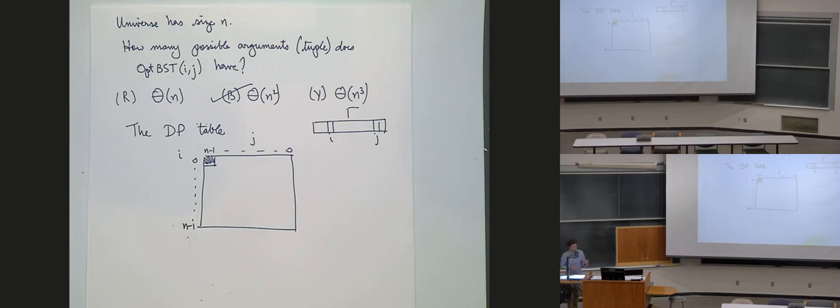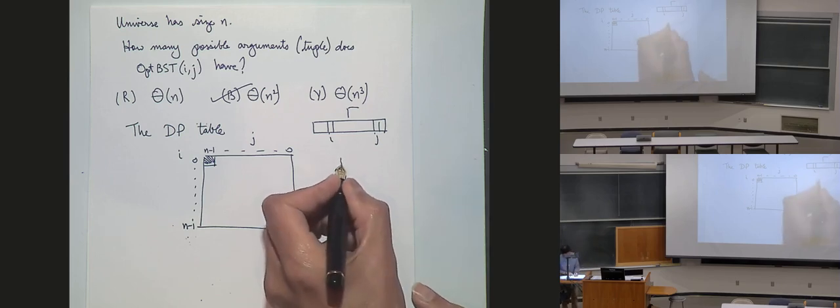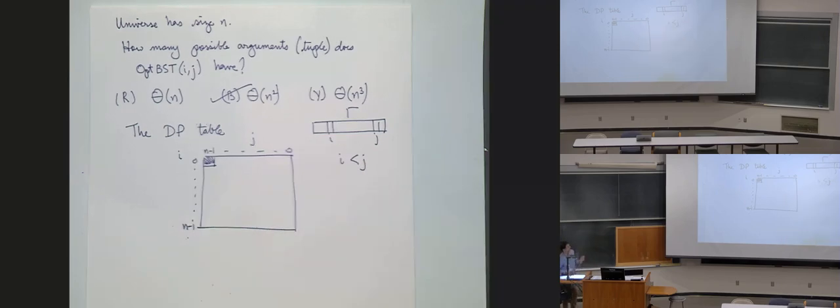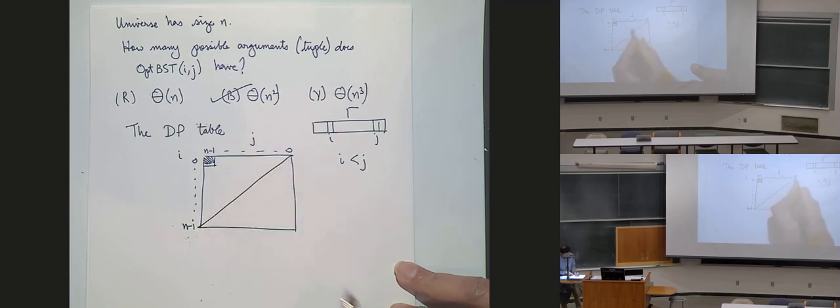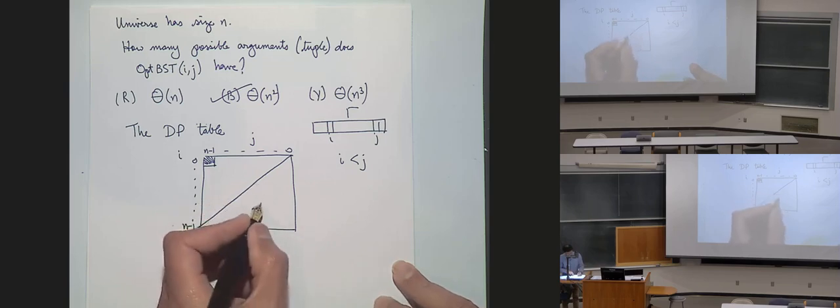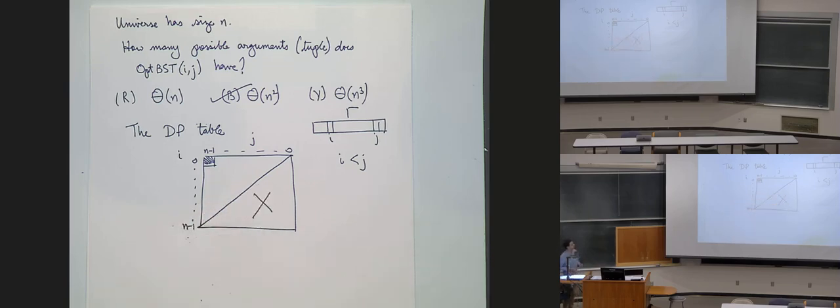Okay? And you only care about the case where i is less than j, right? Because it's an interval. So let me make sure I'm doing this right. And so it's going to look like that, right? So there's nothing over here.